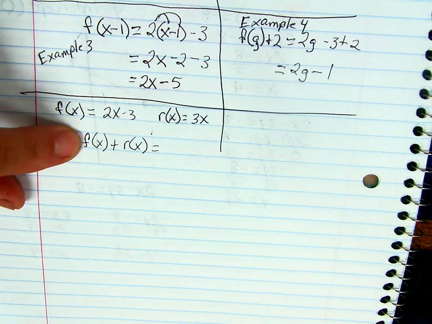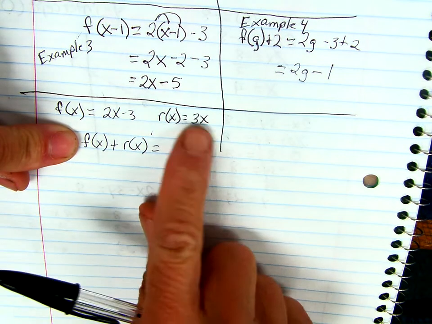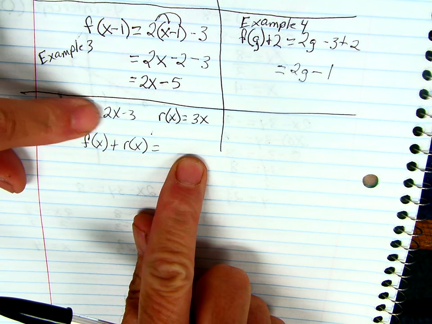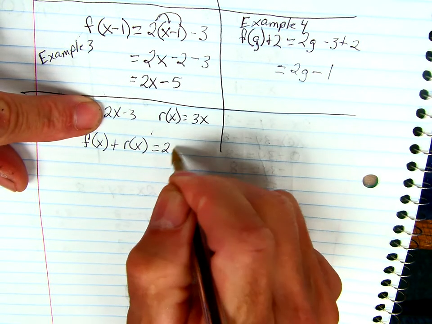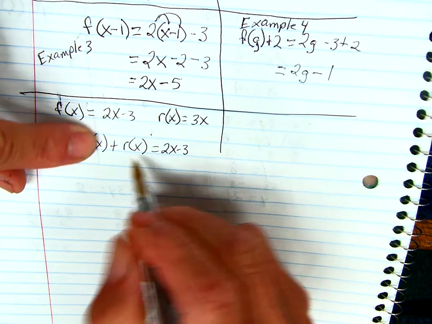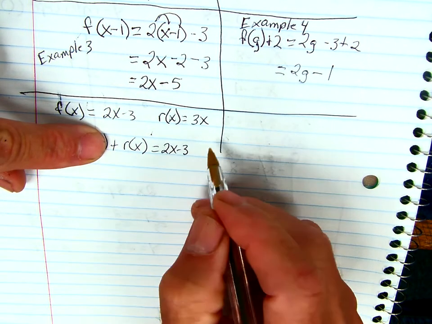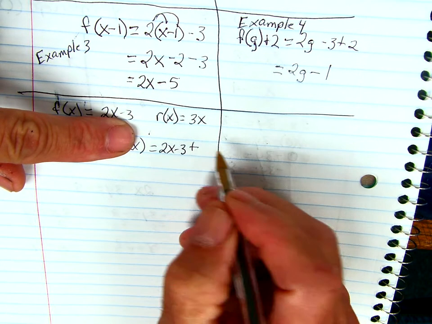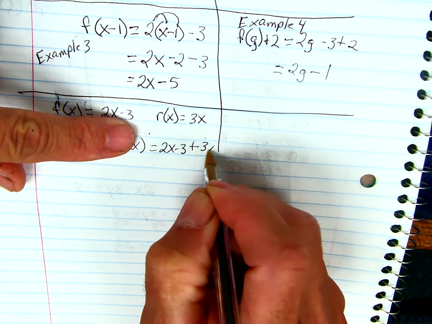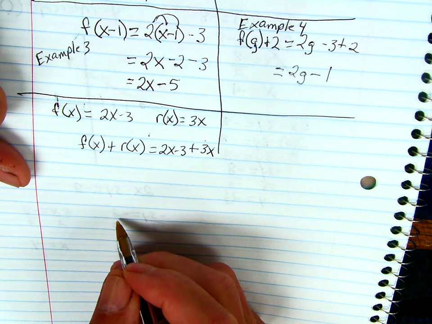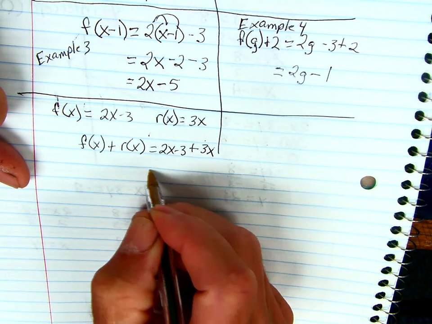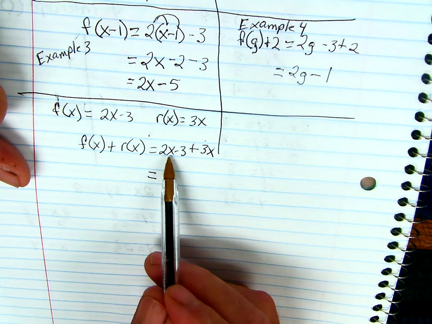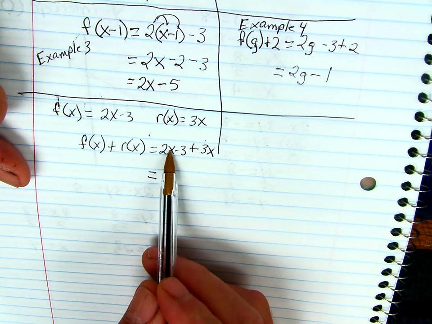So there's no work to do on the left-hand side. It's just telling us what we need on the right-hand side. I need f of x, which is 2x minus 3. And I need to add to that r of x, which is 3x. Now all of a sudden, I have x's here and x's here.